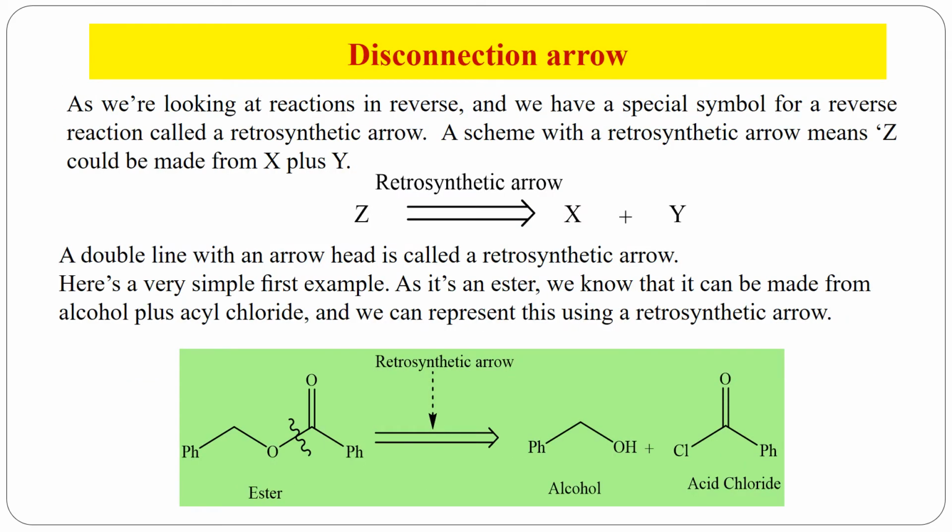This is the disconnection arrow as shown here. It shows that this product is formed from these components. This is the reverse of a chemical reaction. The example is given below.